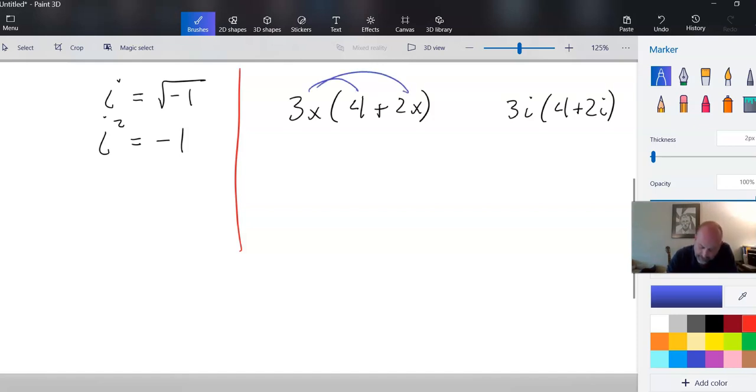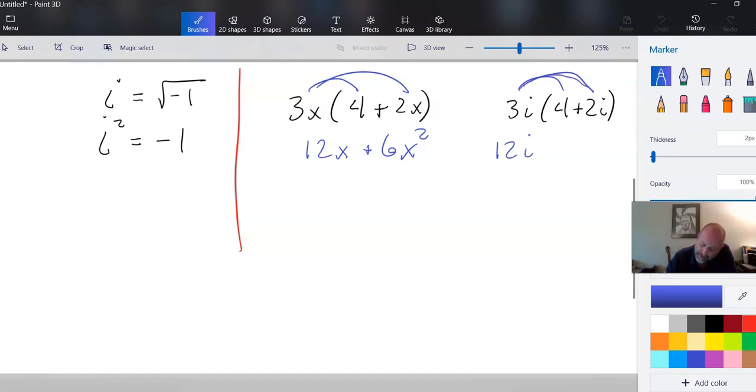just distribute, right? So 3x times 4 gives me 12x. And then 3x times 2x gives me 6x squared. Okay? Now, if we're dealing with polynomials, we're actually done at that point. Let's look at what happens with the complex numbers. Same thing, we're going to distribute. This gives me 12i, right? It's an i instead of an x.